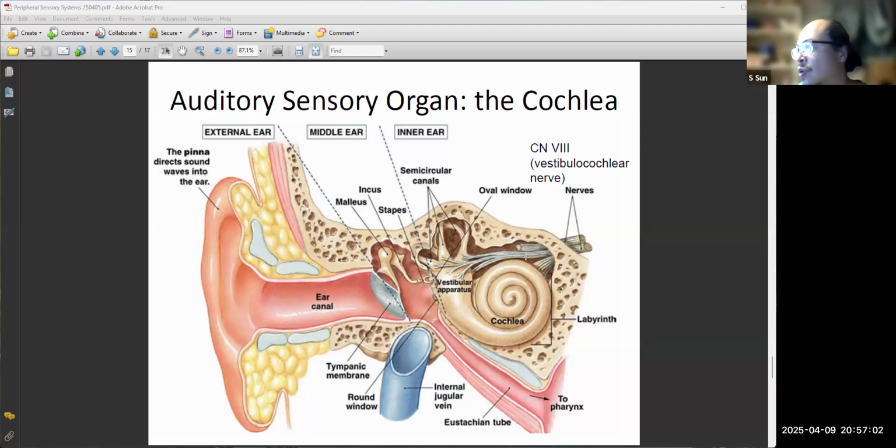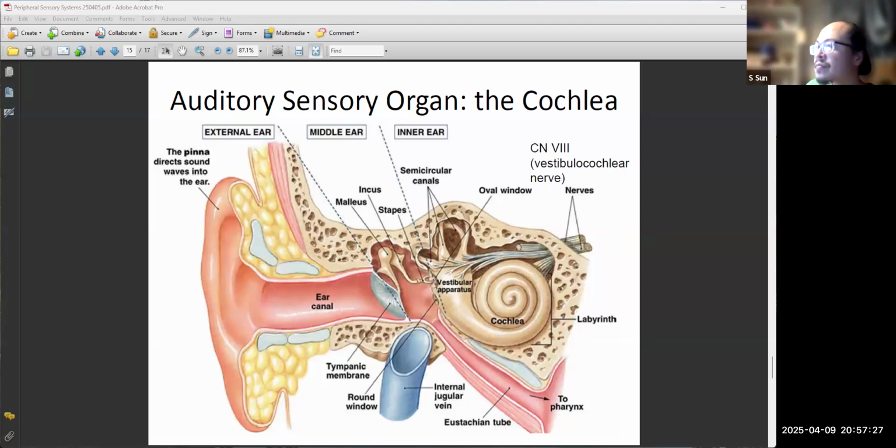The vestibular nerve will be bundled with the cochlear nerve to form cranial nerve 8. It's called the vestibulocochlear nerve, and this nerve is going to your brain. So that's our nervous system.